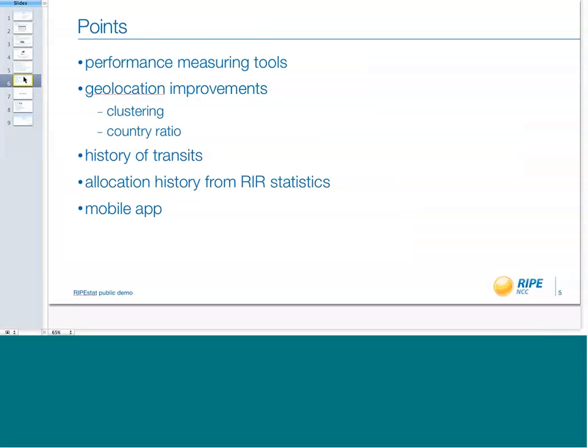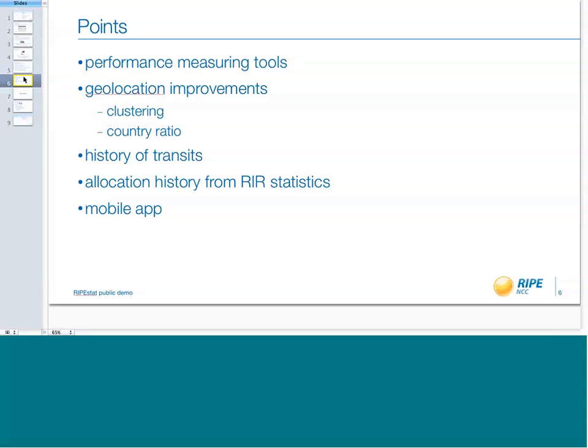Since the last demo, which was 4 weeks ago, we've worked on these things. There are some new performance measuring tools which we plan to use during the next couple of months to focus on the speed of RIPEstat and, at the same time, reliability by keeping track of errors.